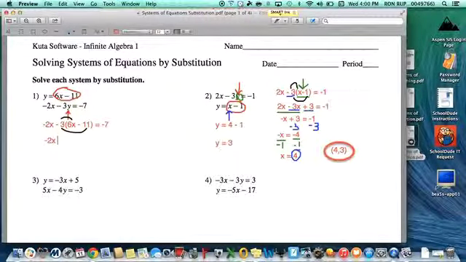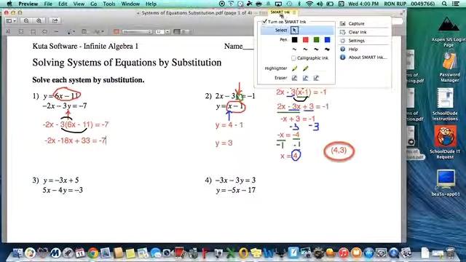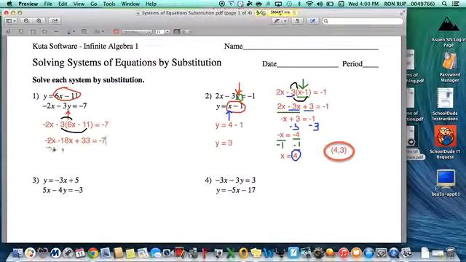Negative 2x minus 18x plus 33 equals negative 7. Again, negative 3 times 6x is negative 18x. Negative 3 times negative 11 is positive 33. Once again, these are like terms.